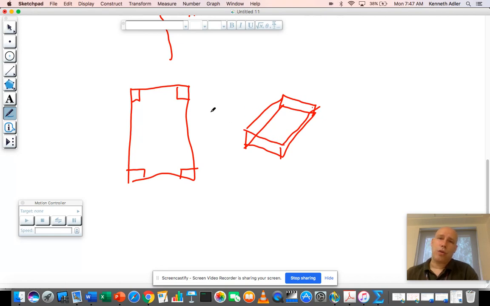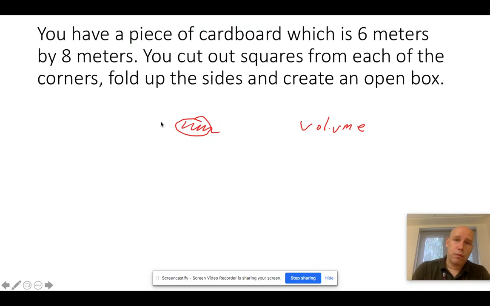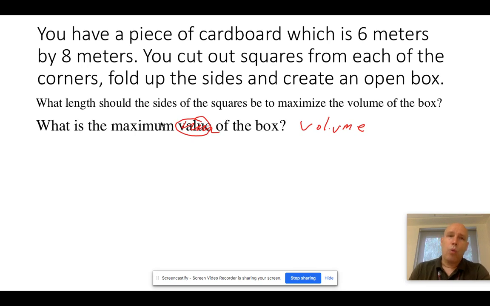That's the idea. So once again, this was 6, this was 8. The question is, how do we maximize the volume of this open box? What length should the sides of the square be to maximize the volume of the box? What is the maximum volume of the box?